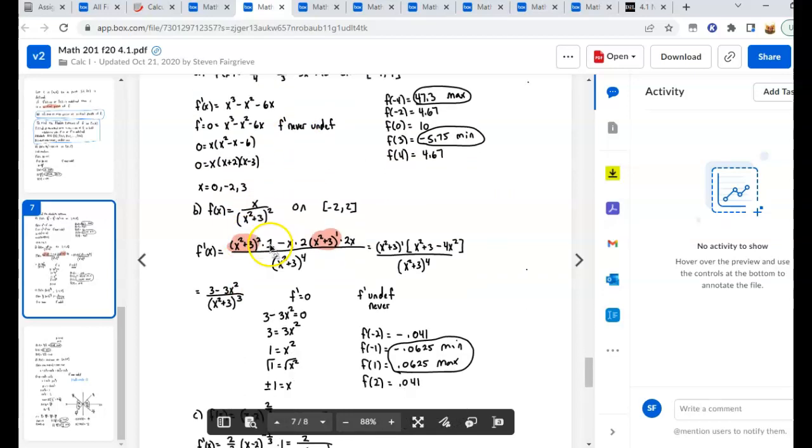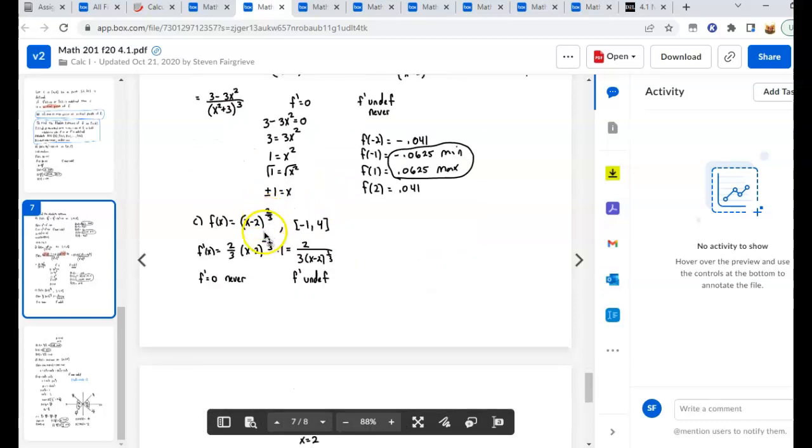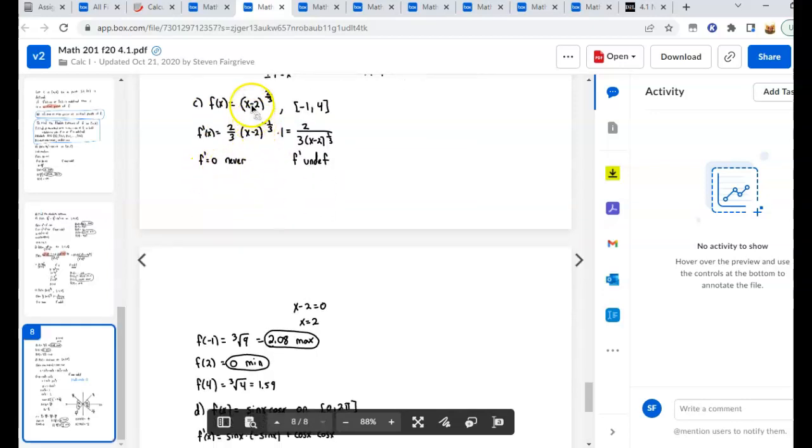And again, whichever numerical value is the biggest is our max, whatever is the smallest is our min. In both of those examples, in fact, the first 3 examples, undefined wasn't an issue, but undefined points can be points of interest, as we saw here in this example with x minus 2 to the 2/3. It happened to be undefined at x equals 2.